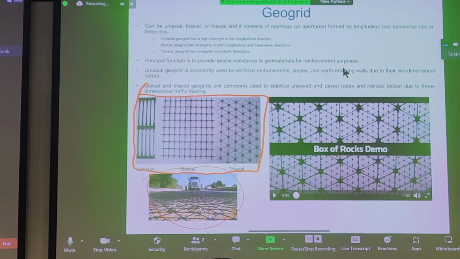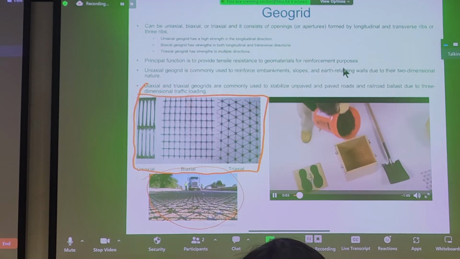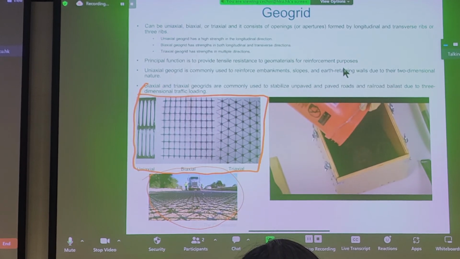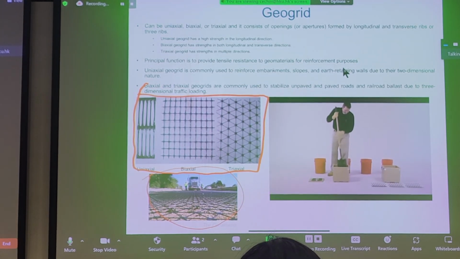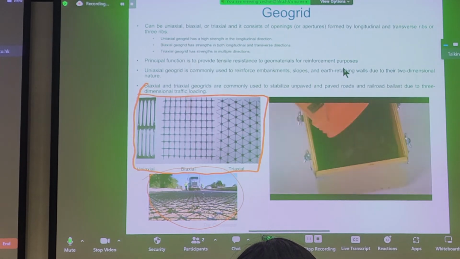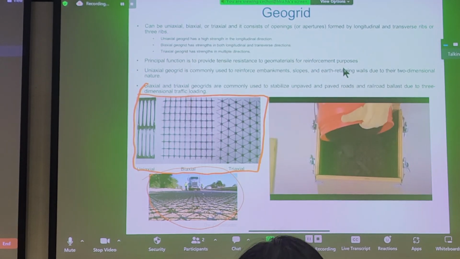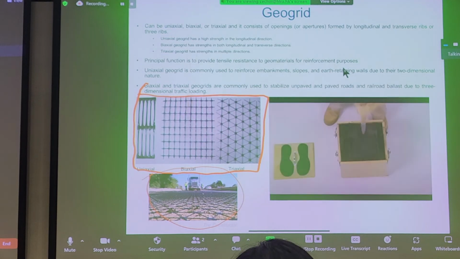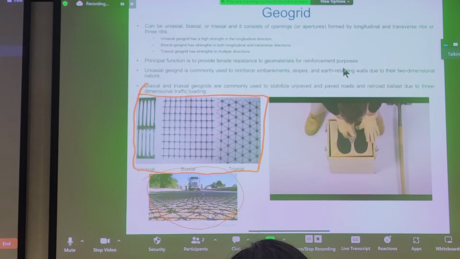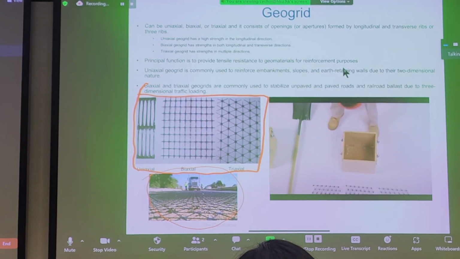So I hope this video works. An example of how geogrids are used in day-to-day geotechnical design for ground improvement, very similar to other types of ground reinforcement. The example here is there are two boxes. One is just soil. And he's going to stand on this one. Well, he's not going to stand on it yet.